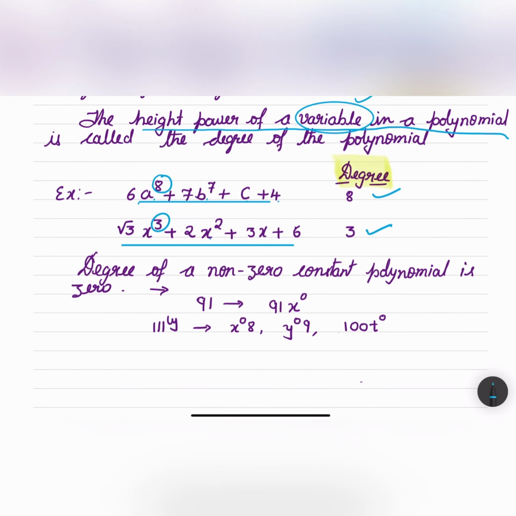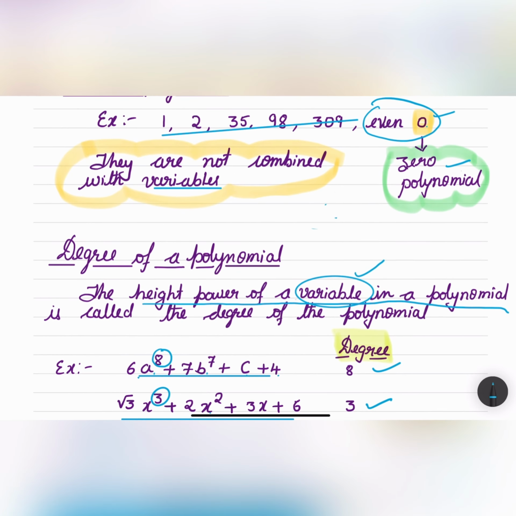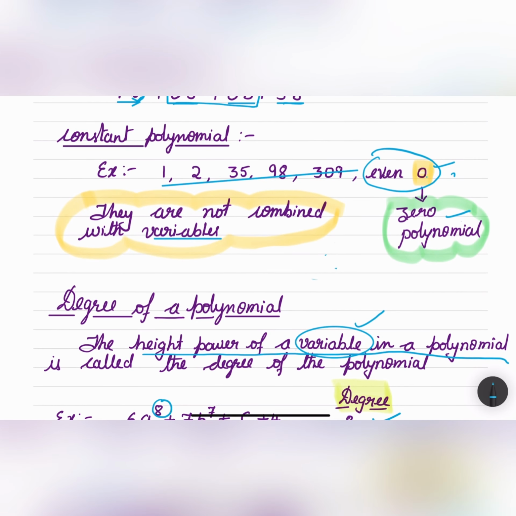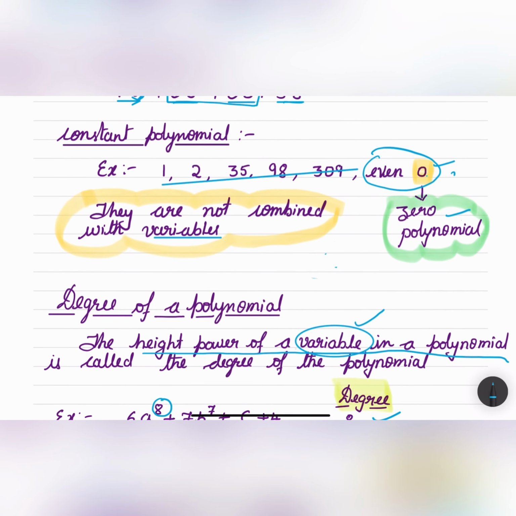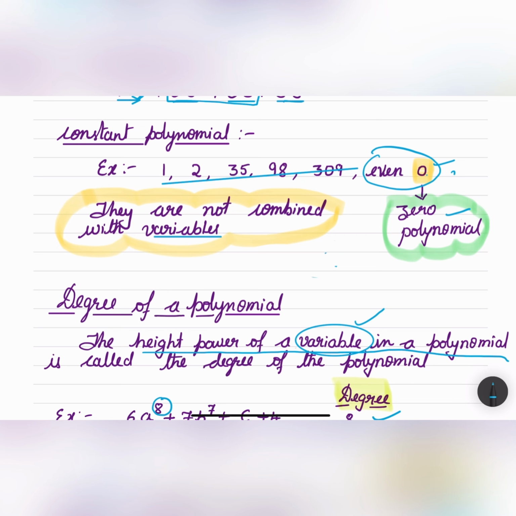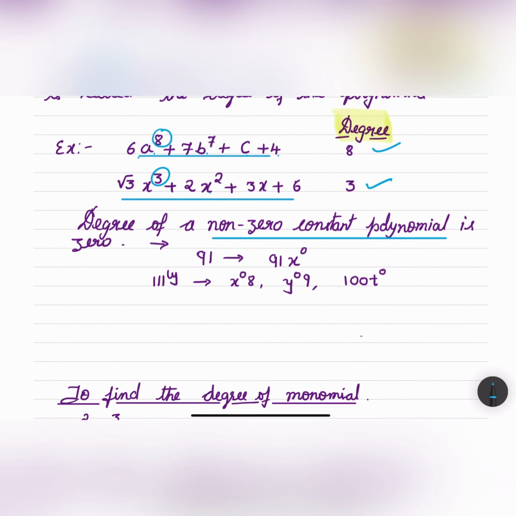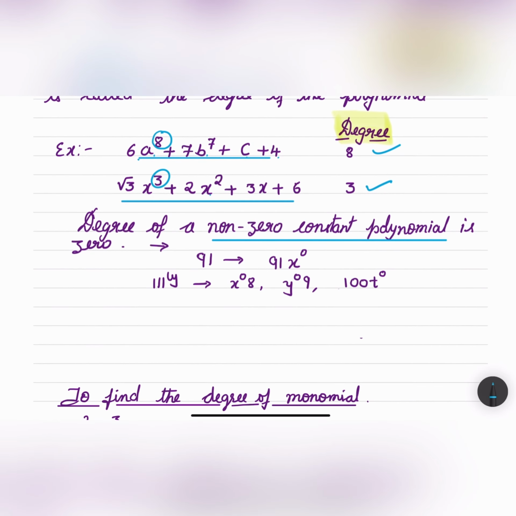Now the degree of a non-zero constant polynomial is what? We know that 0 is also a constant polynomial, but it is the zero polynomial. Now we are taking the degree of a non-zero constant polynomial. In this case, 91 is there. So 91 we are writing as 91 x to the power 0. Anything raised to the power 0 is 1.